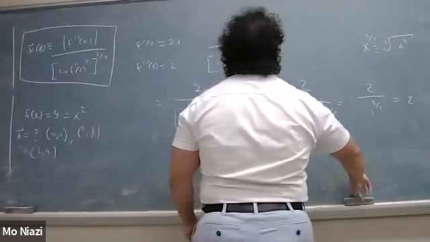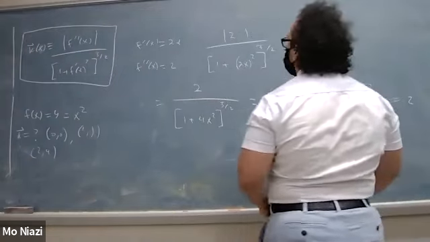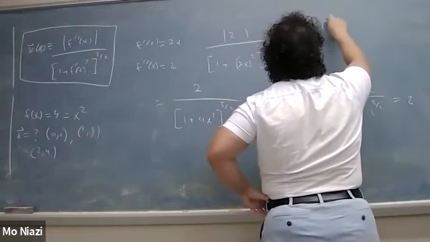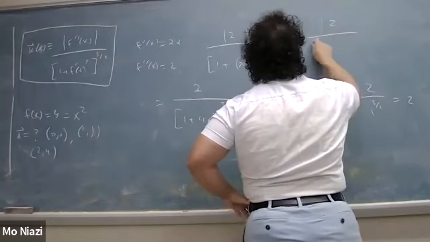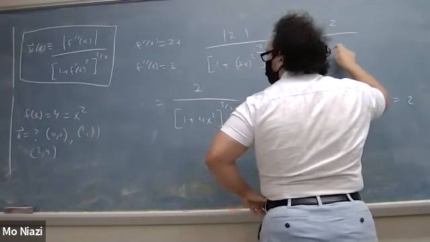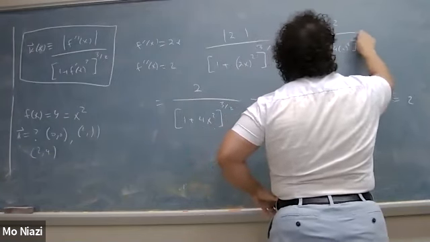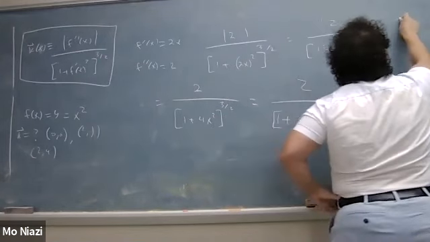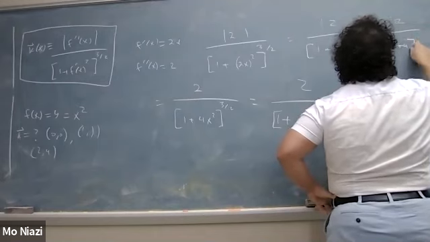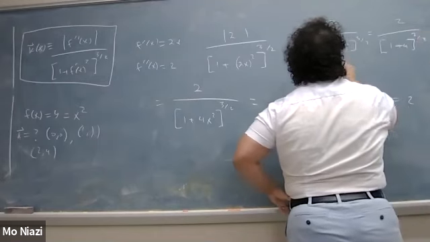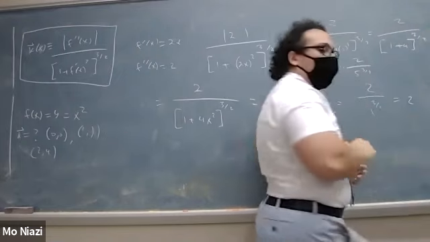And at 1, 1, x is 1, so we just put this like this. Okay, so that's the same thing as 2 divided by 5 to the 3/2.